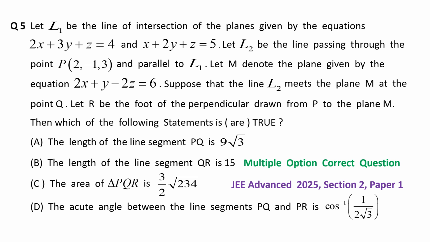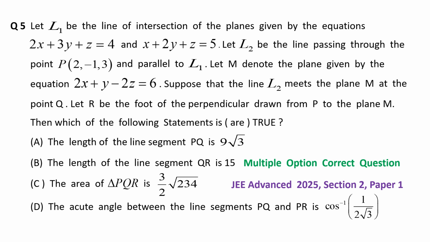It says, let L1 be the line of intersection of the planes given by the equations 2x plus 3y plus z equal to 4 and x plus 2y plus z equal to 5. Let L2 be the line passing through the point P (2, minus 1, 3) and parallel to L1.